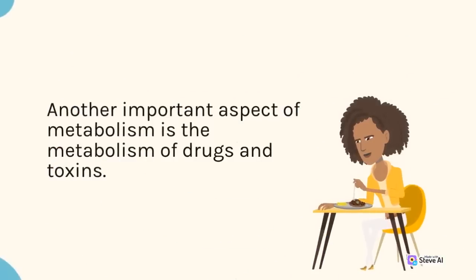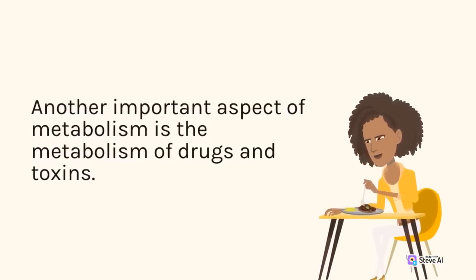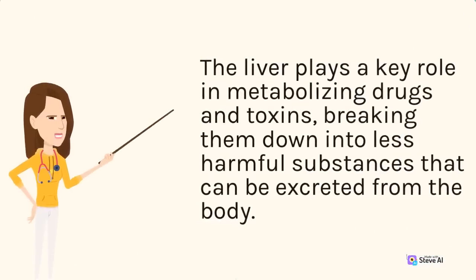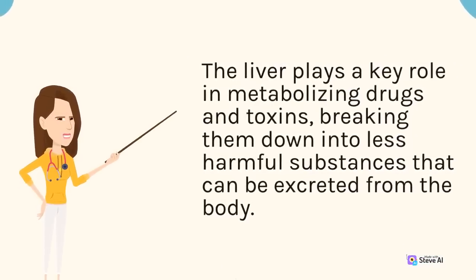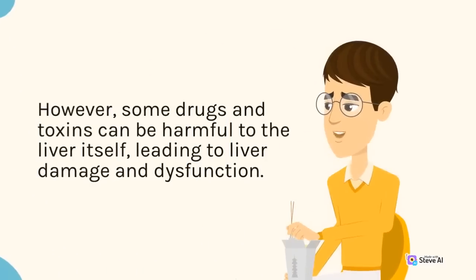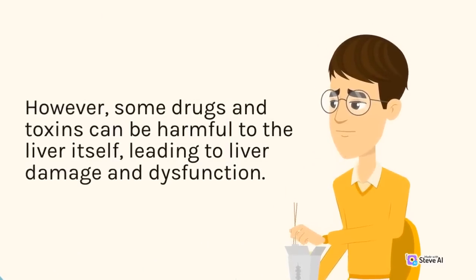Another important aspect of metabolism is the metabolism of drugs and toxins. The liver plays a key role in metabolizing drugs and toxins, breaking them down into less harmful substances that can be excreted from the body. However, some drugs and toxins can be harmful to the liver itself, leading to liver damage and dysfunction.